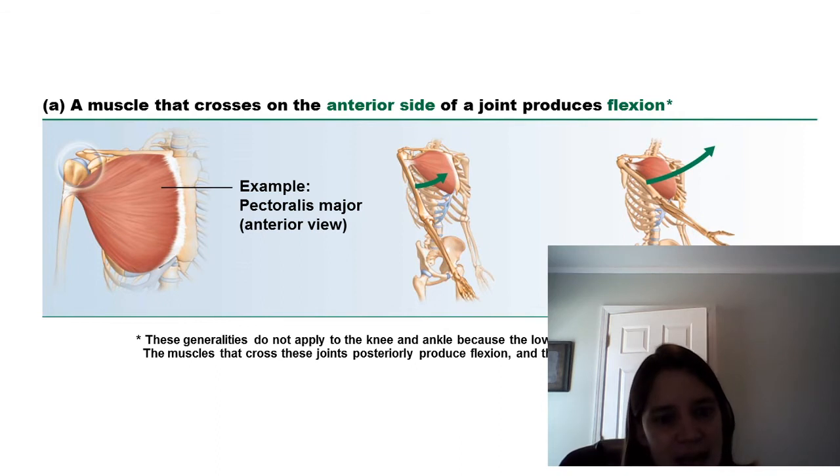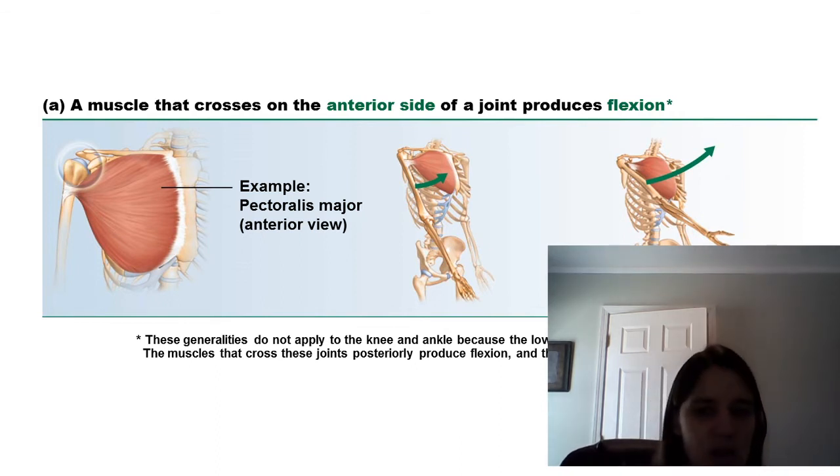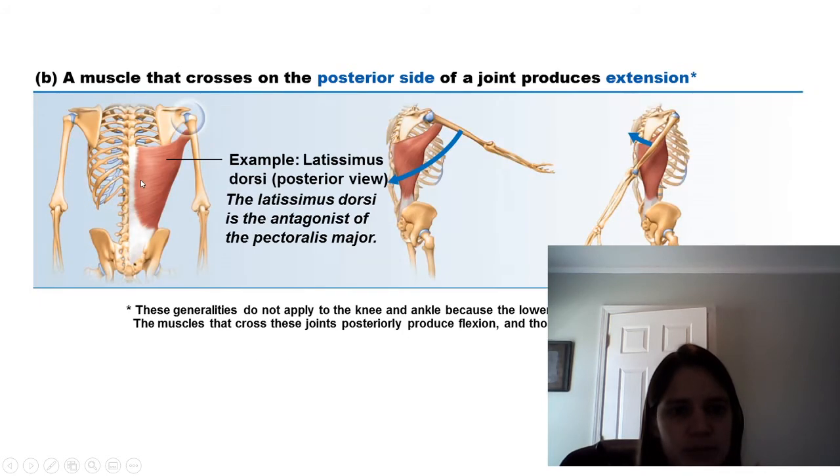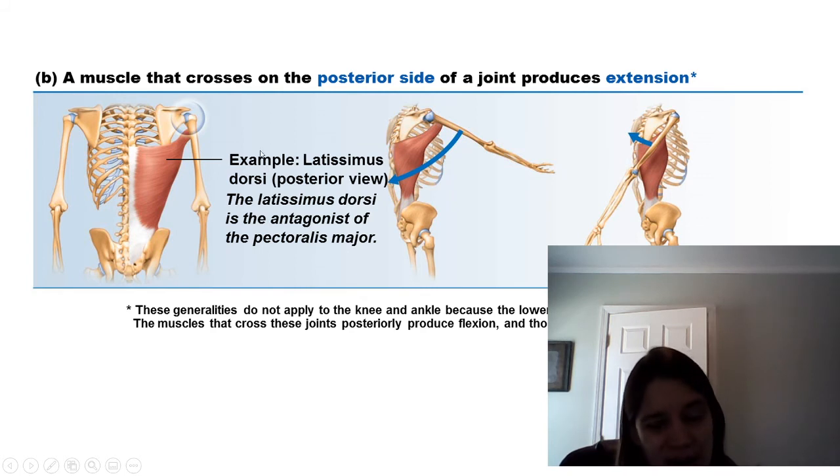There is the major caveat that the knee and the ankle are kind of funky, but in general, if it's crossing on the anterior side, you're expecting it to flex. If the muscle's crossing on the back of the joint, the posterior side, when it contracts, you're expecting extension, right? And again, knee and ankle are kind of different because they're rotated oddly relative to everything else.